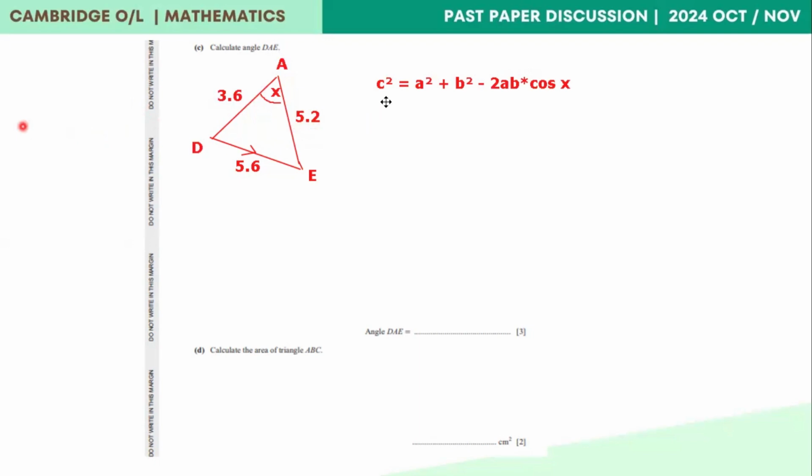So c squared, which is 5.6 squared, equals 3.6 squared plus 5.2 squared minus 2ab cos x, where a is 3.6 and b is 5.2.